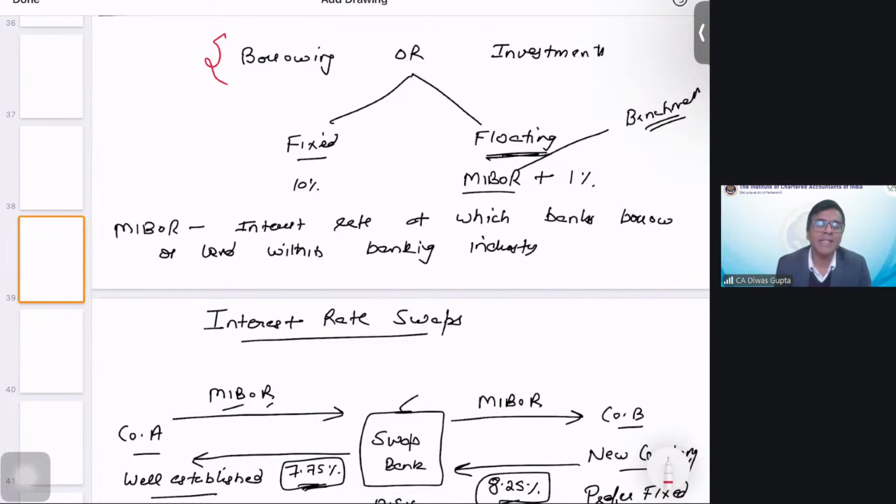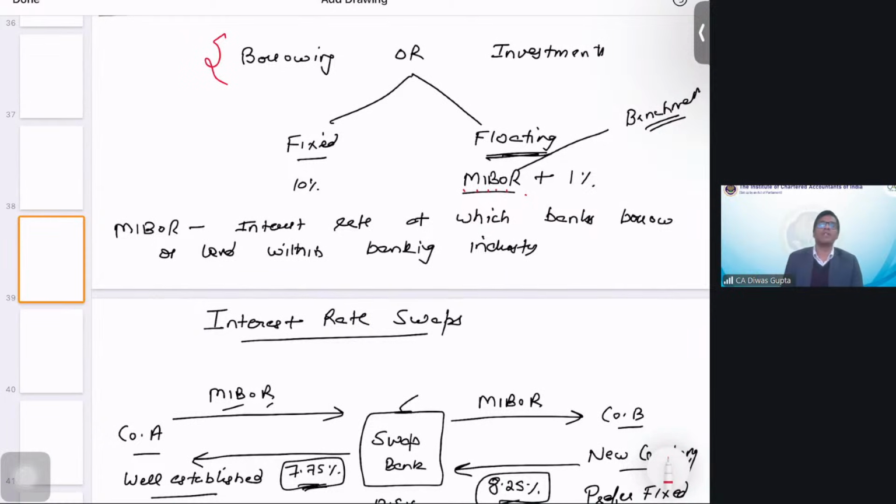MIBOR plus 1% means, so this MIBOR is specifically a benchmarking rate. It's a reference rate to the market, which means whatever the market quotes is this MIBOR. For example, this is Mumbai Interbank Offered Rate. So whatever dealing, lending or borrowing is happening within the banks in the Mumbai market, the average of that rate is quoted as MIBOR.